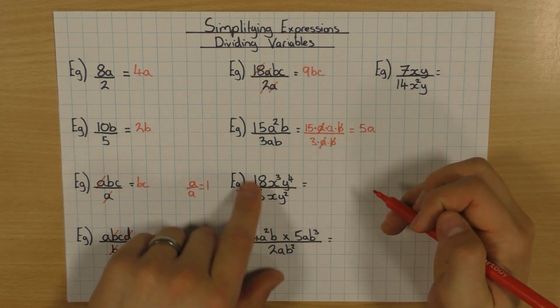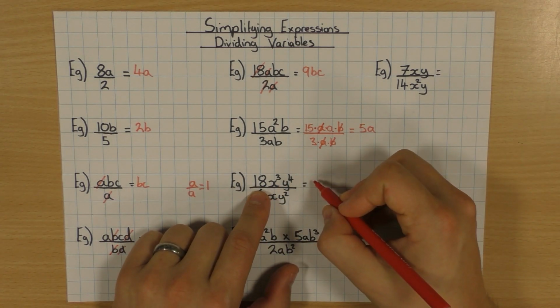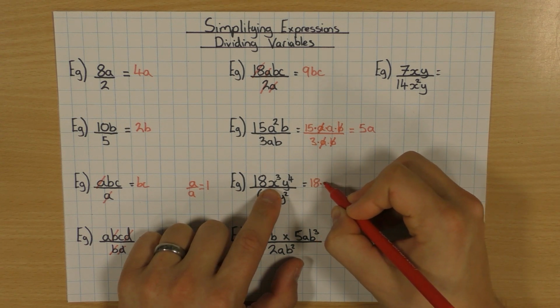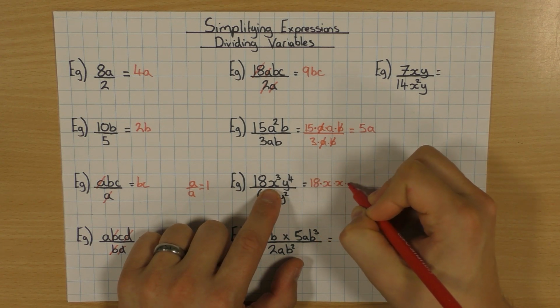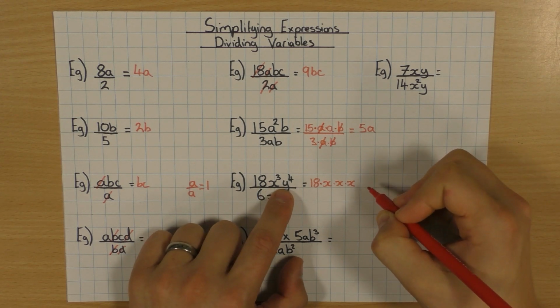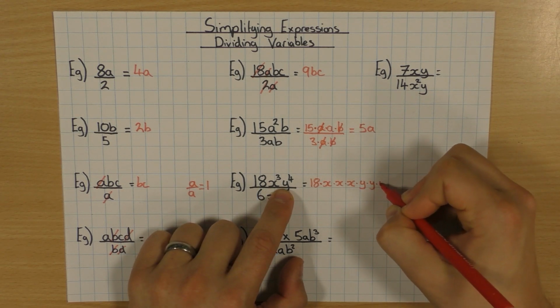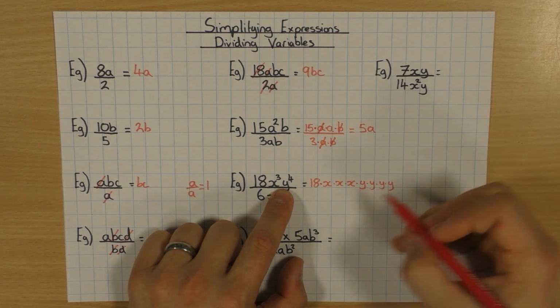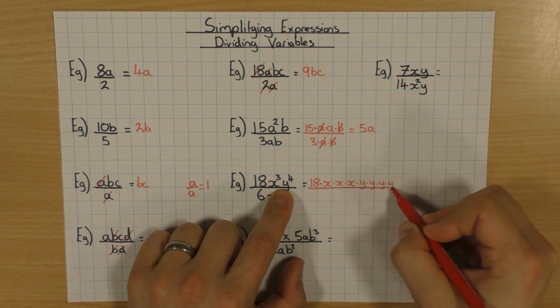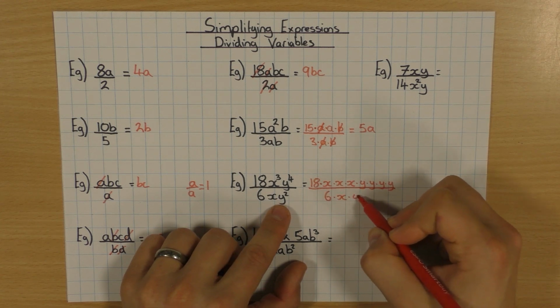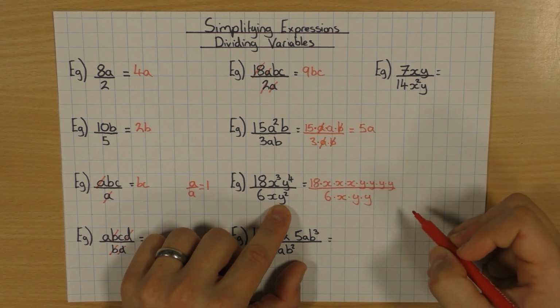Same thing here, lots going on. So let's expand it out and see what we've got. So 18 times x cubed, so that's x times x times x. So I've got 3 of them. Y to the power of 4, so I'm times that by y times y times y times y, so I've got 4 of them. That's all being divided by 6 times x, and then y squared, so y times y.